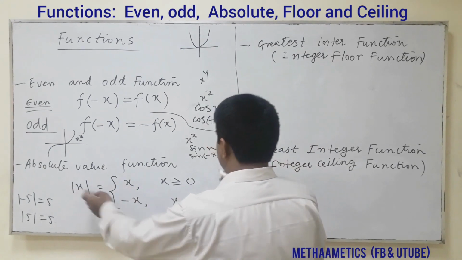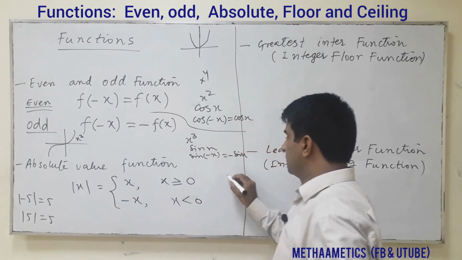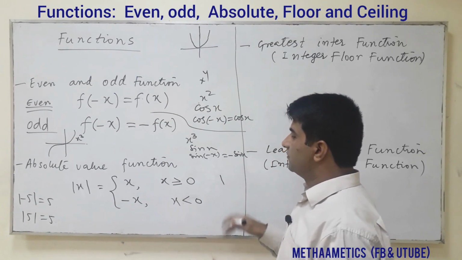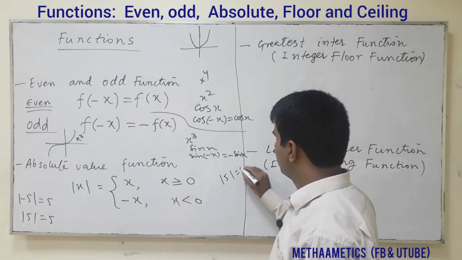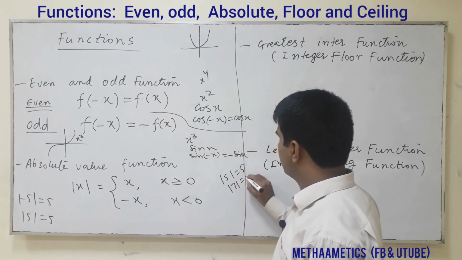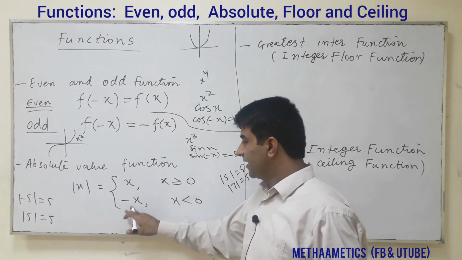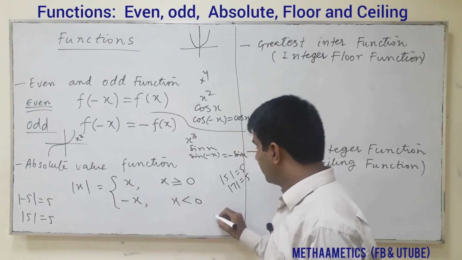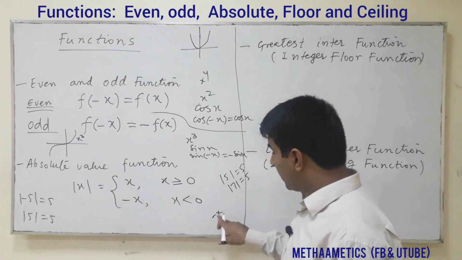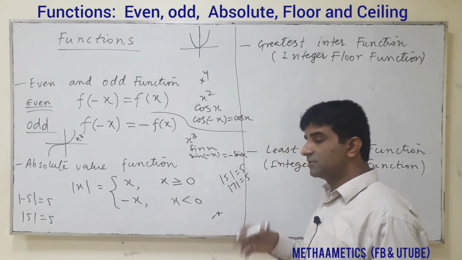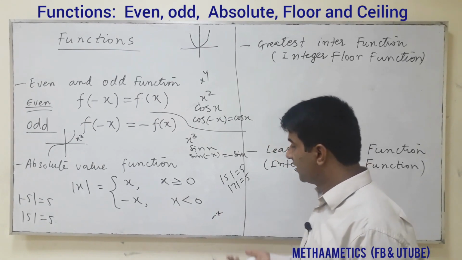Suppose the value is positive. Positive means any value, 0, 1, 2, 3, 4, 5, we get a positive result. But when we have a negative value and we get minus x, it means the negative sign is there to make the value positive.